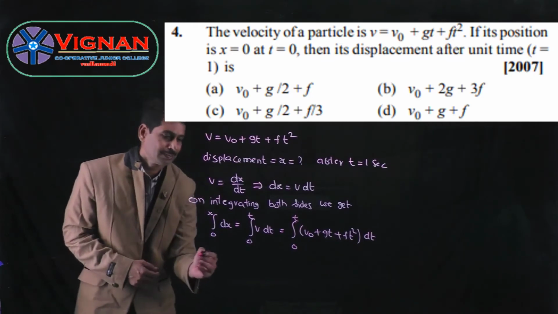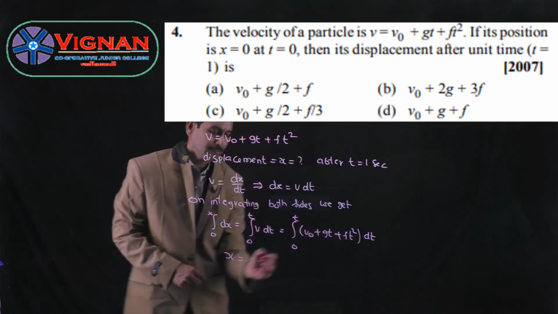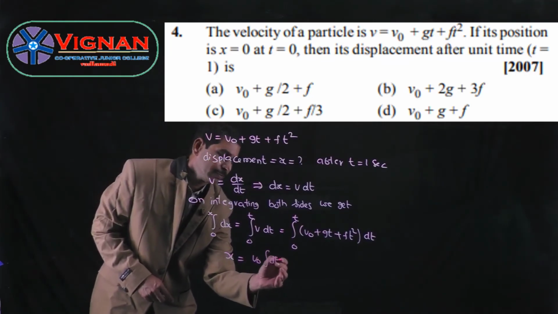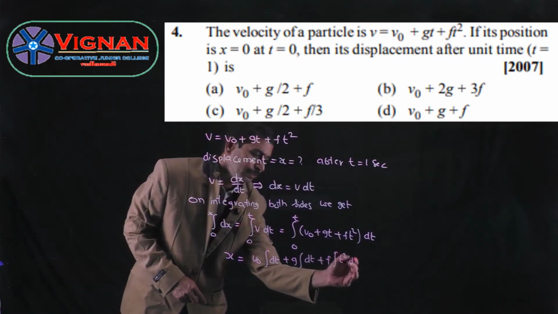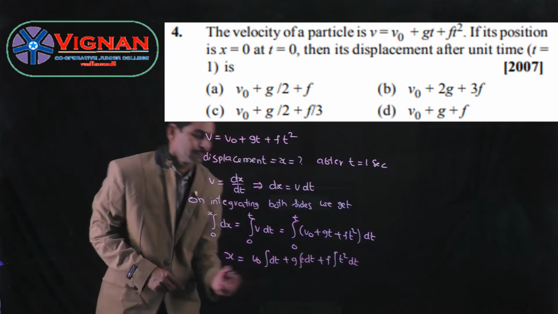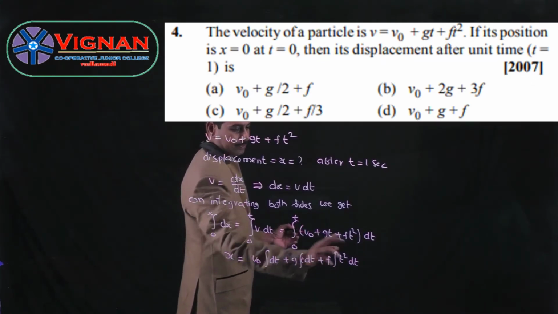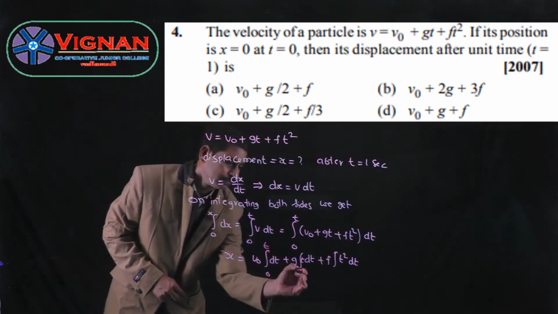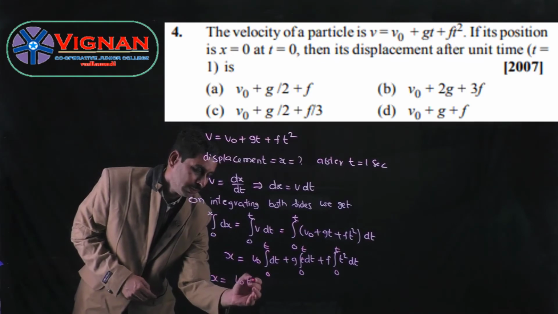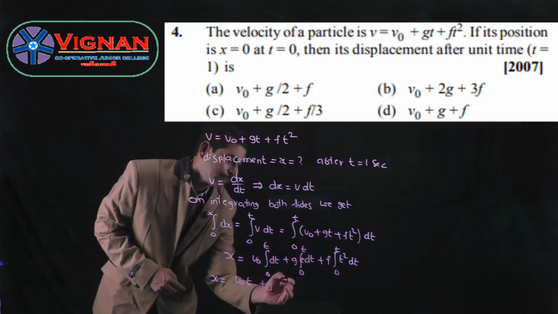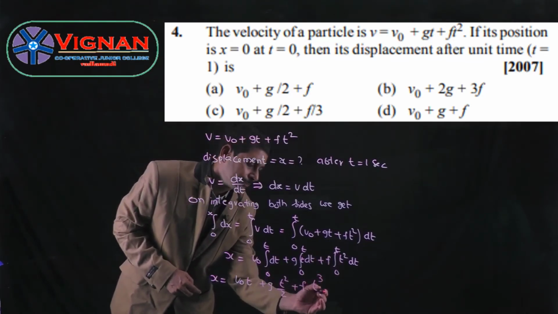By integrating this we get x power 1 by 2 divided by 1 by 2, and on the other side alpha into t. So from the integration we know x power 1 by 2 by 1 by 2 is equal to alpha into t.